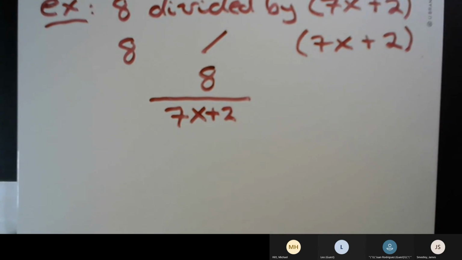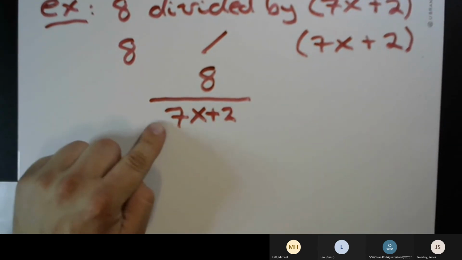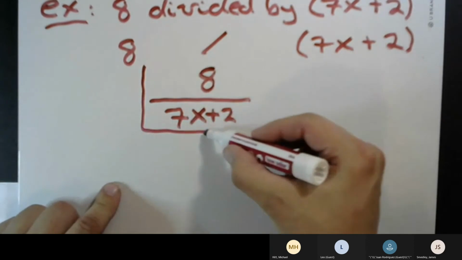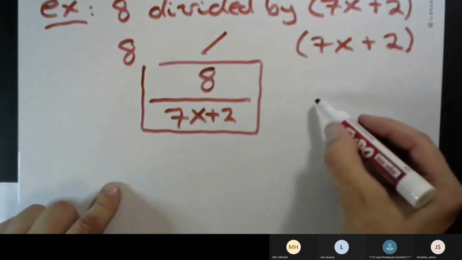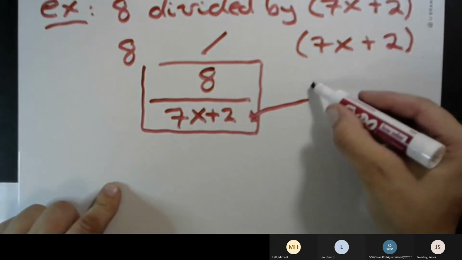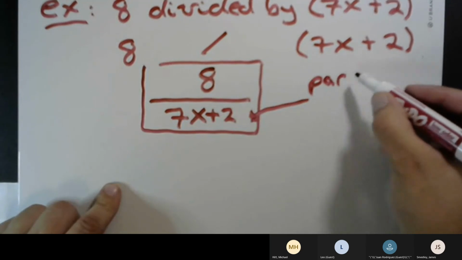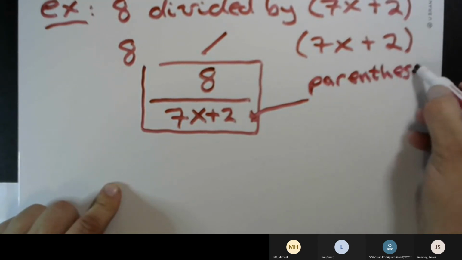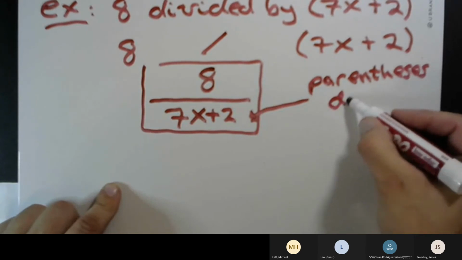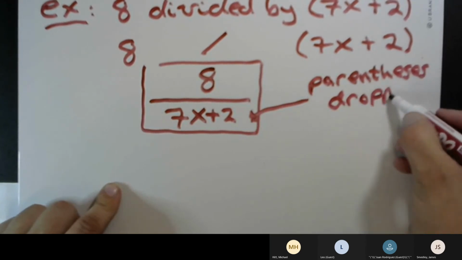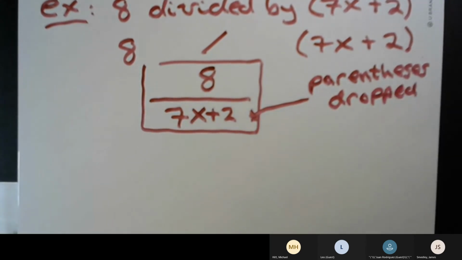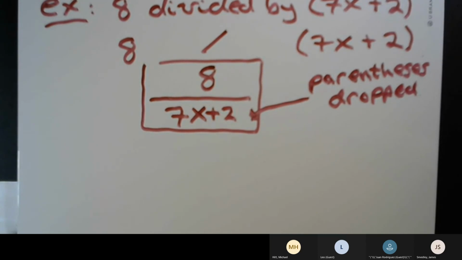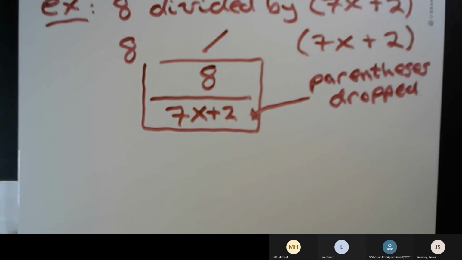When they put a fraction like this, they'll oftentimes drop the parentheses. So you'll get something like that.